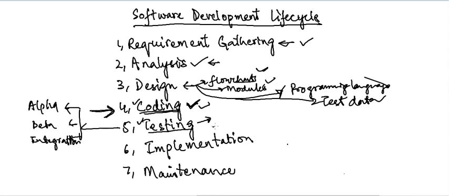After testing comes the phase of implementation, where you go to your client's office and you install that software at your client's premises. So the company is going to start using that software. And at this stage, the company is going to give its own feedback to you, because the software is now going to be run by the end users, the client's company.